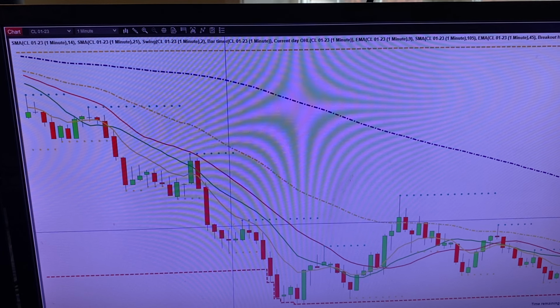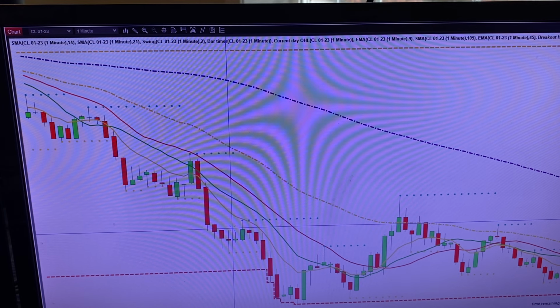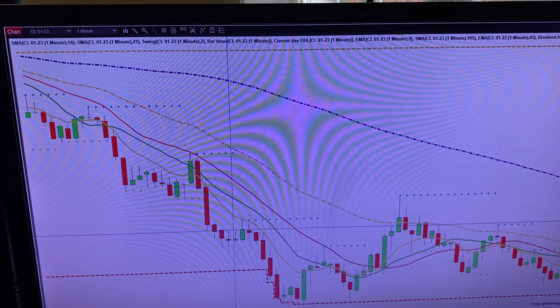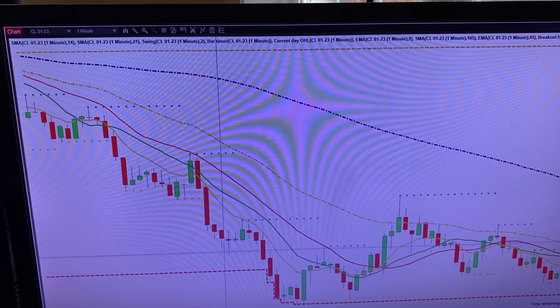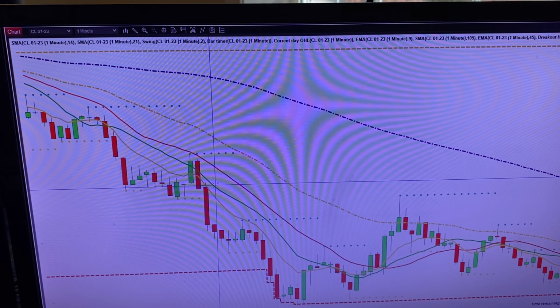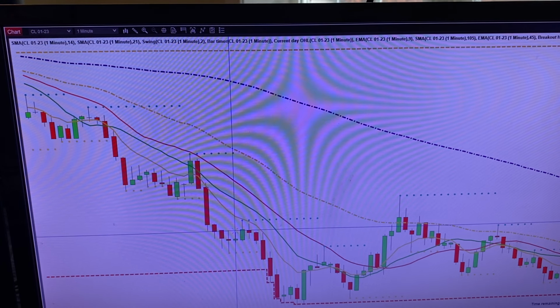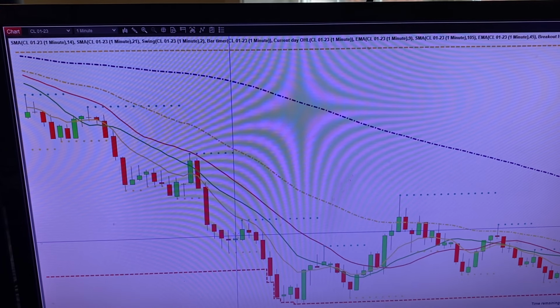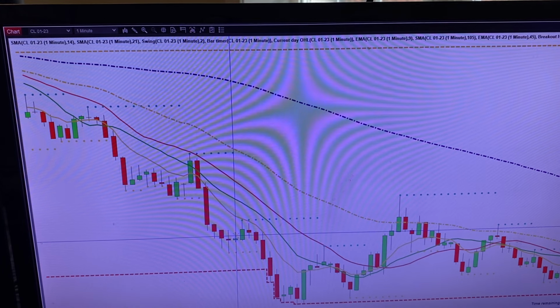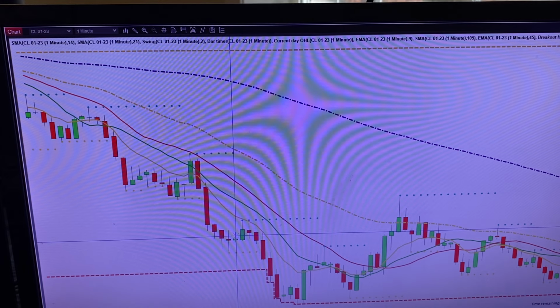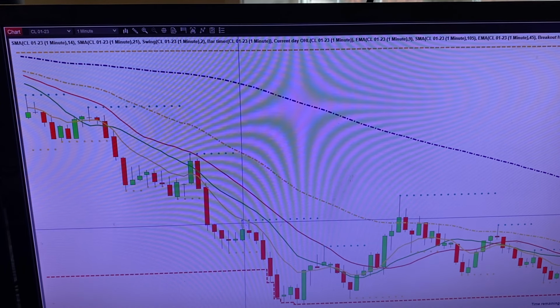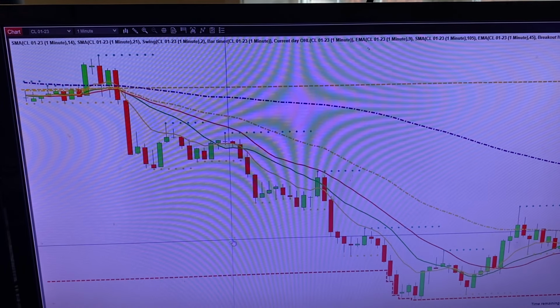When this one goes down, you can go down to 73.12. When this one closes right here, you can go all the way down to 73.09. If you follow this trade down from here to here, you made 40 ticks. If you just followed the back of the candles, that's what's so nice about oil.